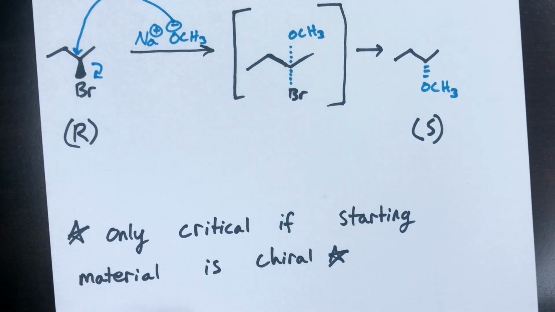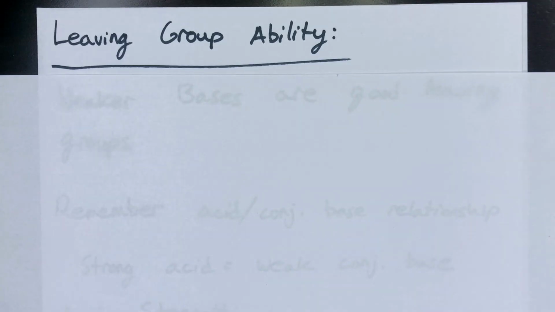So always take a look at your starting material, and if it is chiral, then you need to pay special attention to the stereochemical outcome of whatever mechanism is most likely in those reaction conditions. But if it is achiral, then more than likely the stereochemical outcome will not matter because the product is going to be achiral as well. So just pay extra special attention if you see a chiral center in any of these reactions.